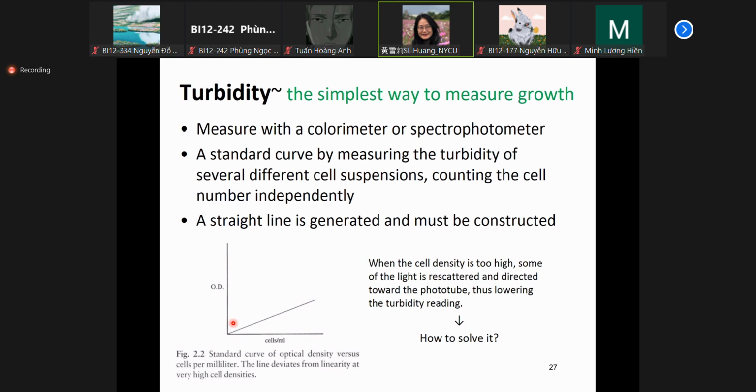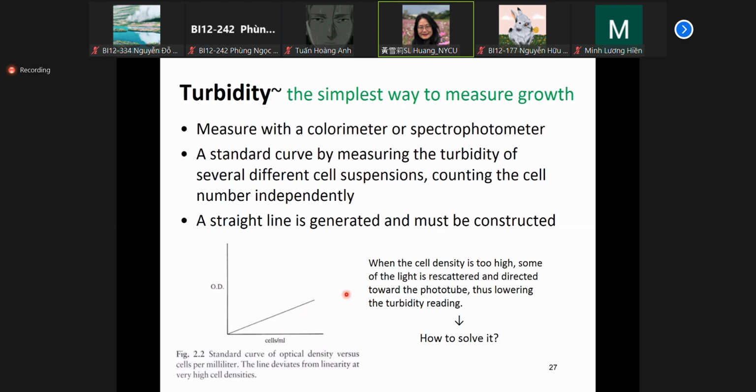So what happens if the cell density is too high? Some of the light is scattered, and therefore the numbers will be lower in the optical density readings. So how do we solve it? When the cell number is too high, the correlation between the cell numbers and OD will not be in a linear range, but practically when you grow the cells the number keeps increasing.